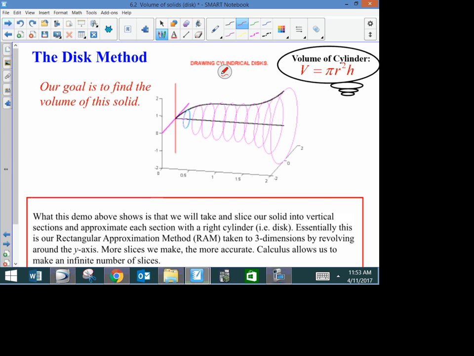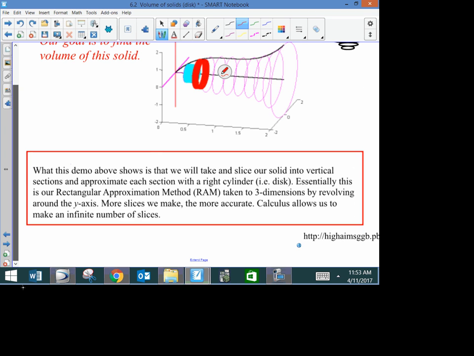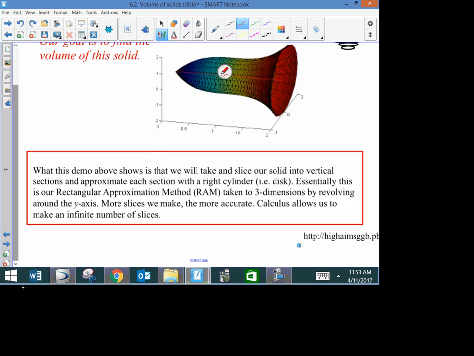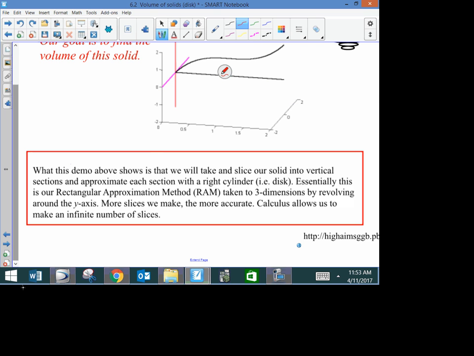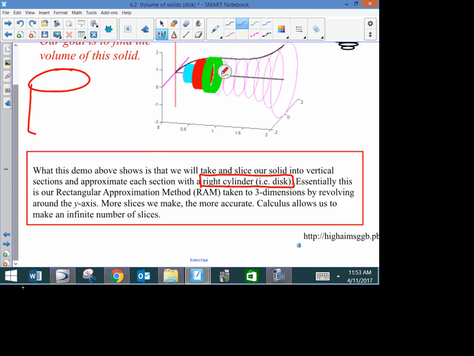All right. So basically we're going to slice our solid into vertical sections and approximate each section with a right cylinder. A cylinder and a disc. This is from geometry. This is a cylinder, right? How do you find the volume of a cylinder?